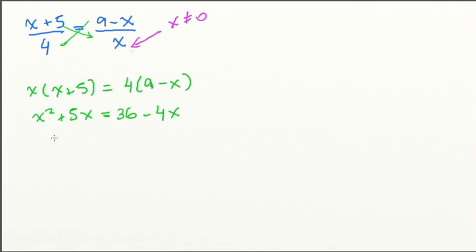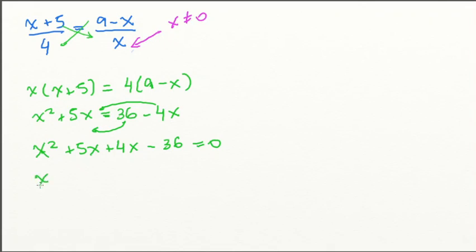Just like we did before, let's get everything to the left hand side. x squared plus 5x plus 4x. Since it was negative on the right hand side, when it comes to the left hand side, it will become positive, minus 36, which was positive, and then since we got it to the other side, it became negative.